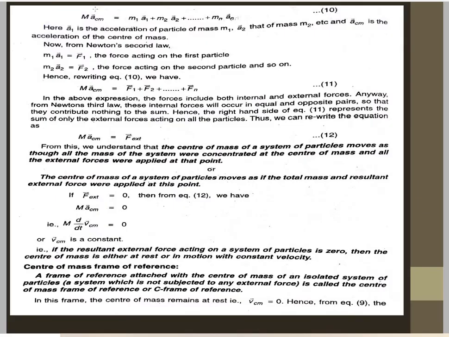So M into a, the acceleration of the center of mass, is given by m1 a1 plus m2 a2 plus etc. mn an, where a1 is the acceleration of the particle m1, a2 is the acceleration of particle m2 etc. Now from Newton's law of motion we know that m1 into a1 is equal to F1, the force acting on the first particle, and m2 a2 is the force acting on the second particle, and so on. So we can write M into aCM, total mass into acceleration of the center of mass, is given by F1 plus F2 plus F3 plus etc. Fn.